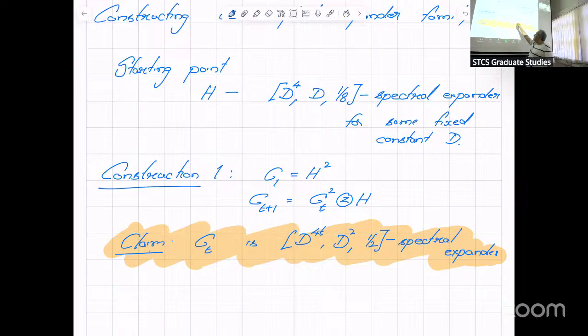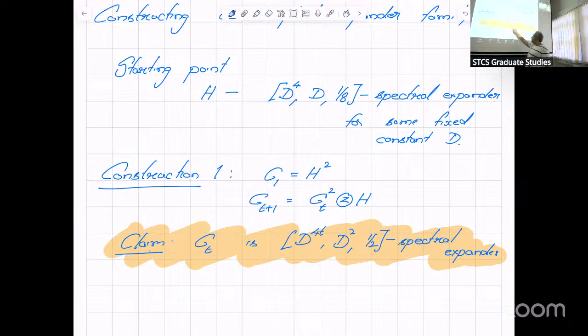Firstly, we need to see if we can actually do zigzag. To do zigzag, the degree of GT should be equal to the number of vertices of H. The degree of GT we are always claiming is D square. In the first case also it is D square because you're still squaring it. So GT square has degree D power 4, which is exactly the number of vertices in H. So the zigzag product is well defined.